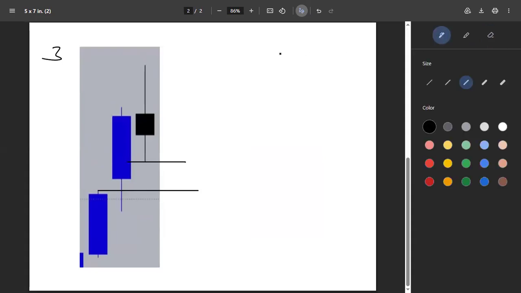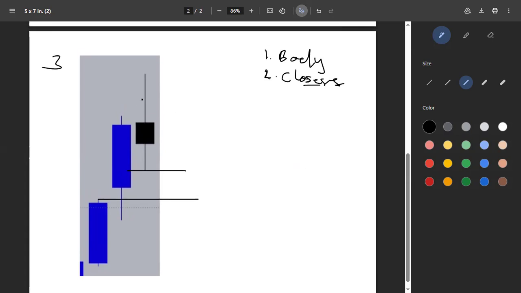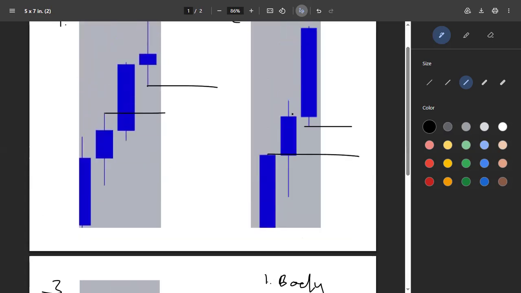First, we look at the candle body, the body of the third candle. The second thing, we're going to look at the closure. I'm going to show you how the third candle closes.